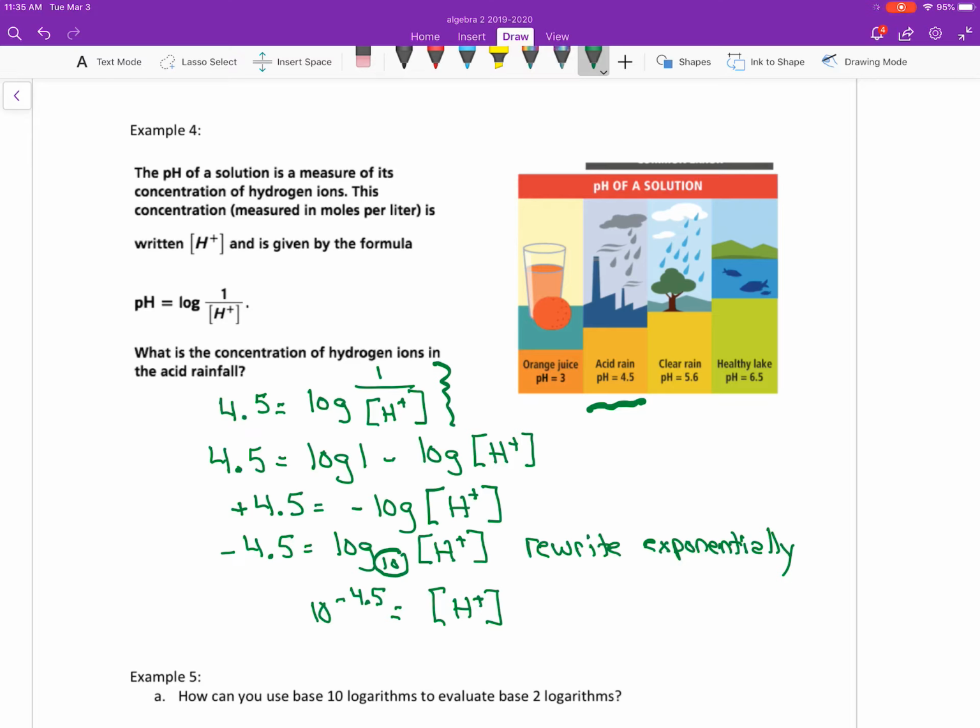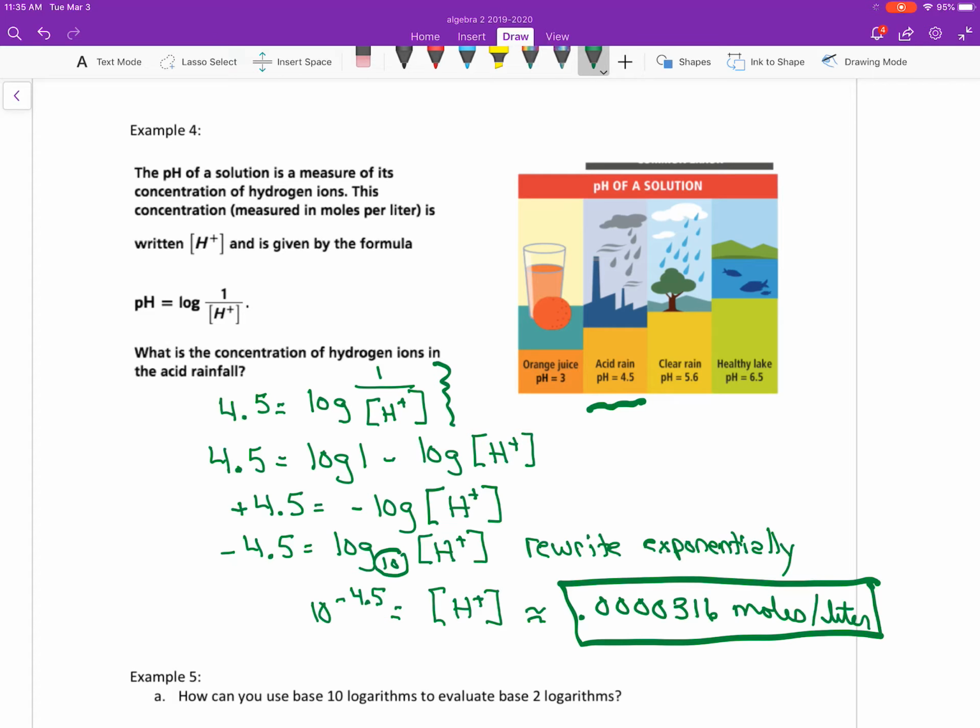And when you put that in your calculator, that is about 0.00000316 moles per liter. And that's your answer. So that's using the properties to solve basically a chemistry word problem, but it definitely works.